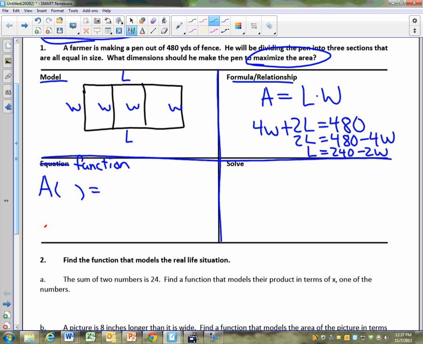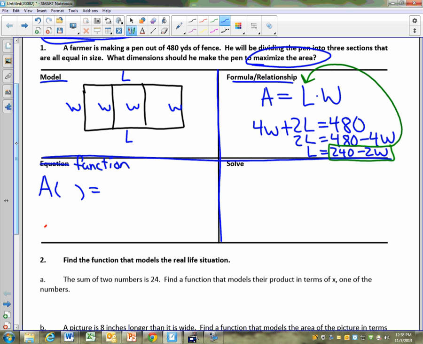What can I do with that 240 minus 2W? Yes, plug it in. Or the mathematical word we use is substitute. We will use the substitution, and I will plug it in for L.